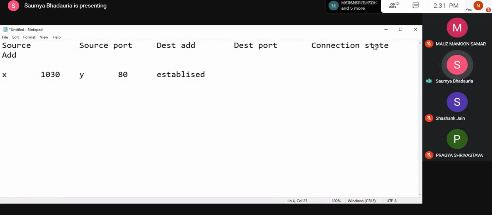Similar entries would also be created according to the sessions created between the source addresses and the destination addresses. So all of these entries, which map the source address to the destination address, would be the ones for currently established connections.